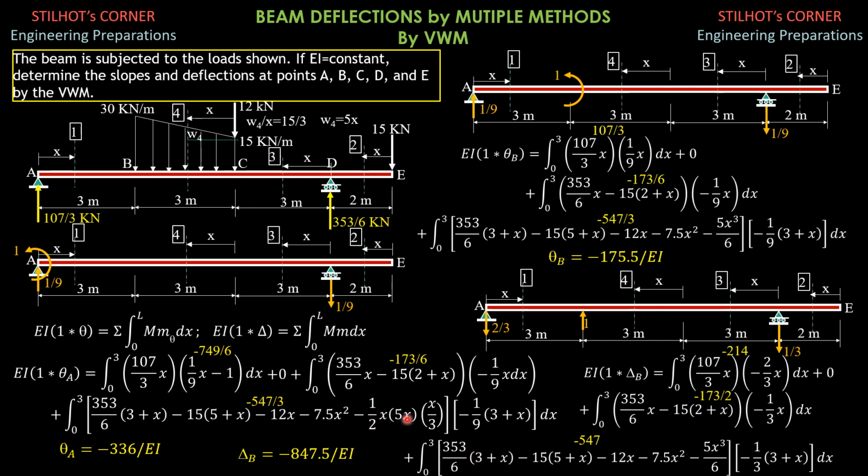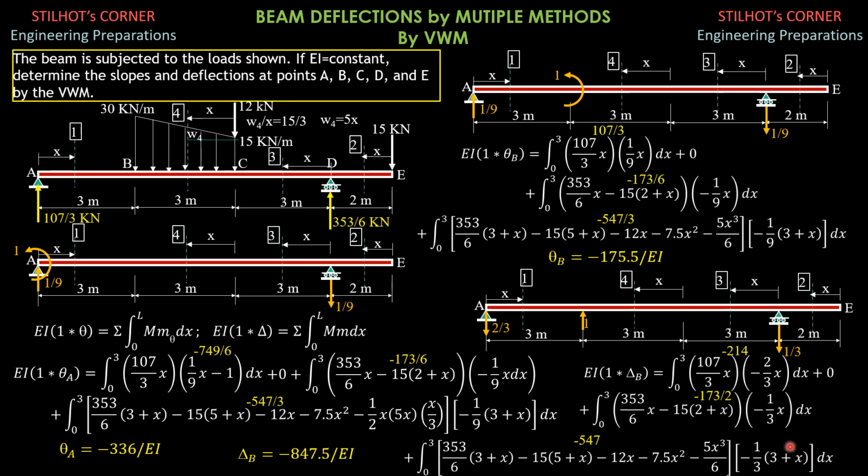By the way, this is 5x cubed over 6. Then the moment at this section 4 is negative 1/3 times moment arm 3 plus x, considering the forces at the right.